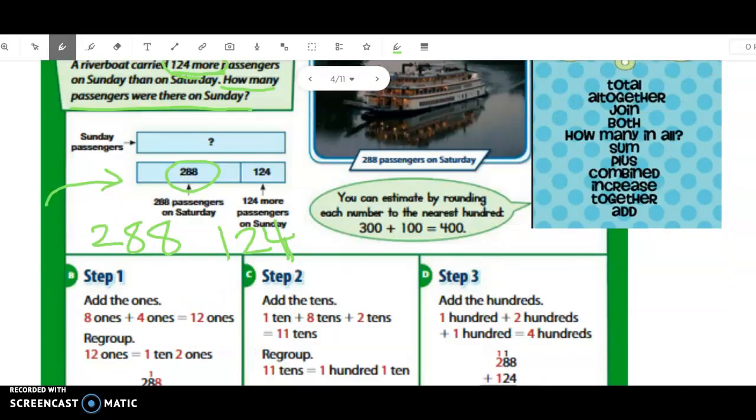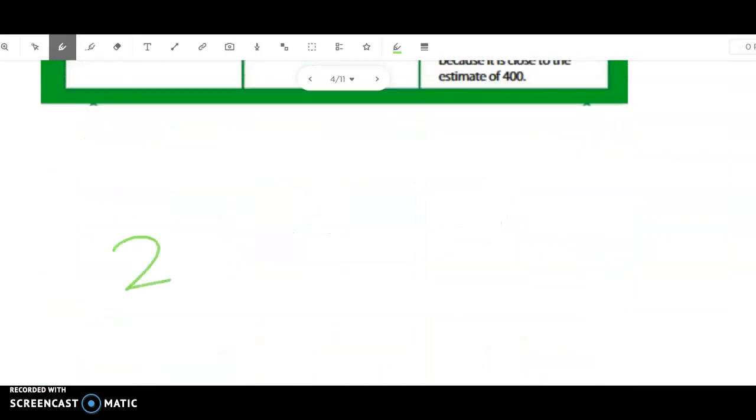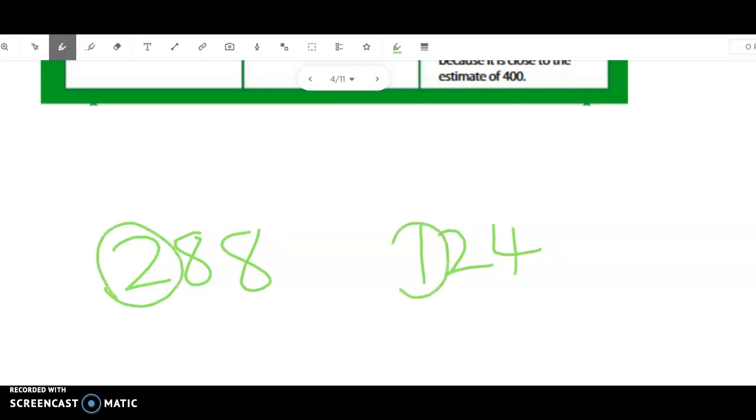So I'm going to get more room below, and you can write it down here too if you would like. 288 and 124. When we estimate, we find the place. So I'm going to find the hundreds place. And it's either going to stay that 100, or it's going to get a shove to the next 100, 300, or 200.